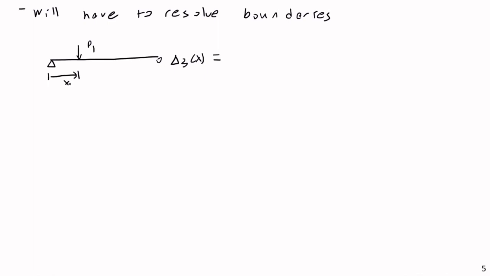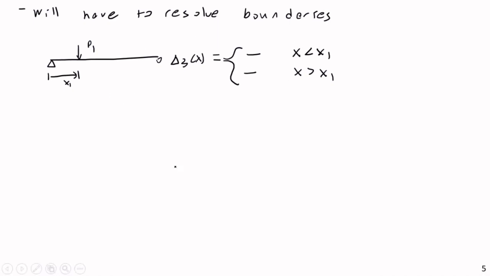But if that's x1, we would have some piecewise function, some function when x is less than x1 and another when x is greater than x1. And each of these functions, at least anything with a point load or a point moment, for the case of the distributed load, or the uniformly decreasing load, the continuous function, those wouldn't have subzones. But for the case of any kind of point force or point moment, you're going to have different bounds of integration. And so you're going to have to resolve those before you add your different functions together.